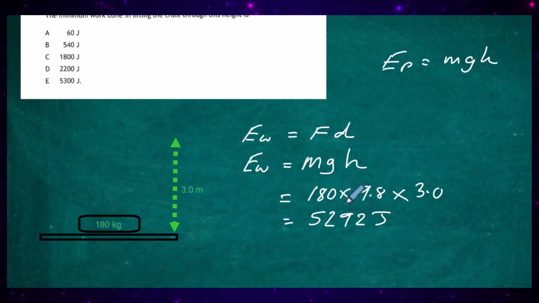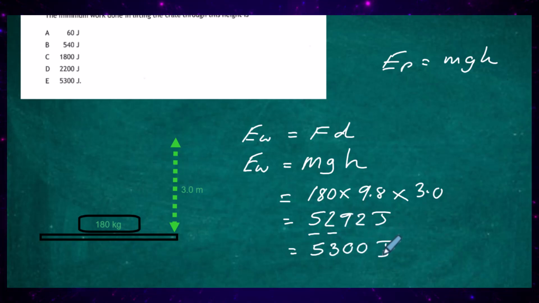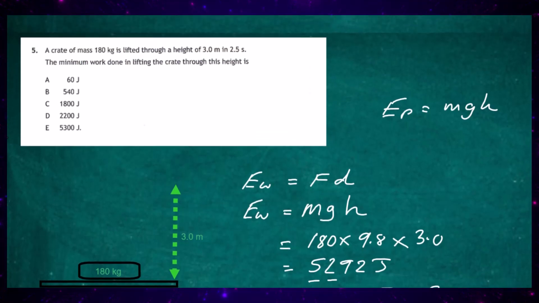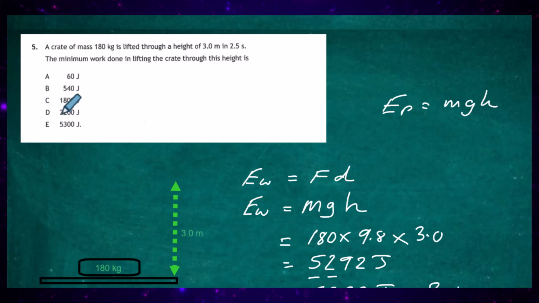So if we put it into two significant figures, as we have in the calculation, two significant figures means we go for here 1 to 2, and therefore this one rounds up, and we get 5300 joules. So our answer to two significant figures is going to be 5300 joules, and that's going to give us a response of E.